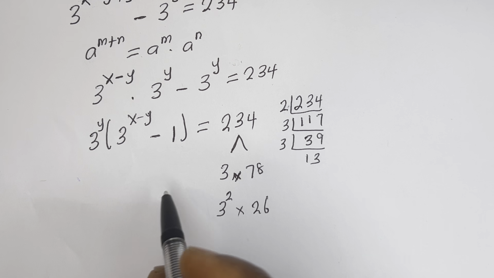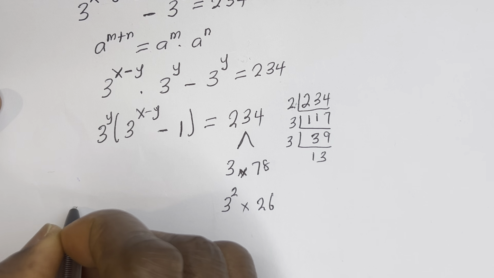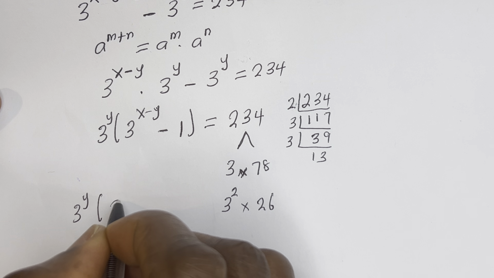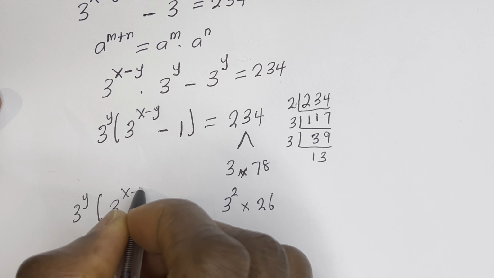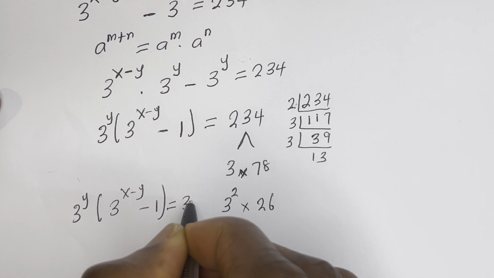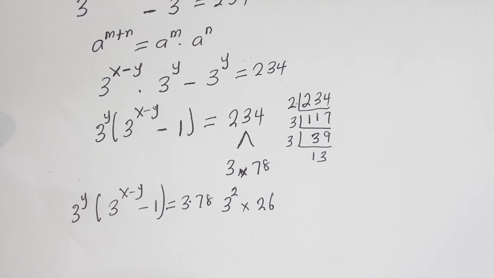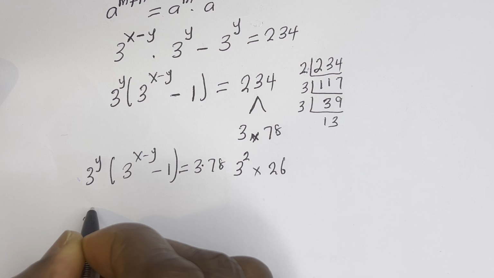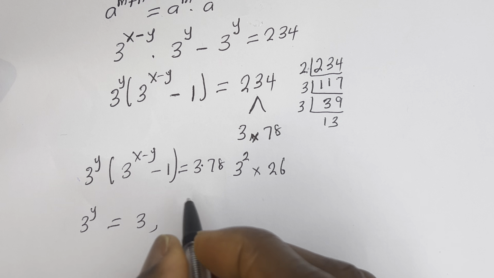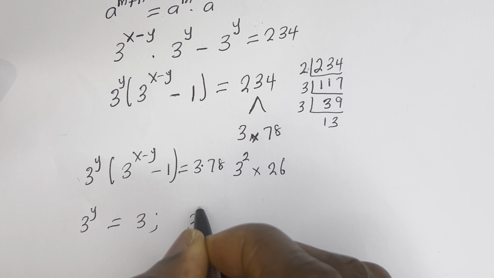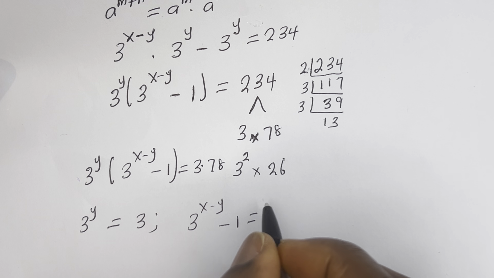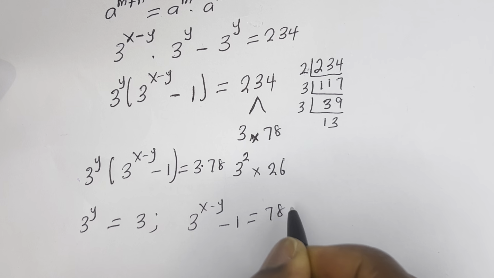Now here there are two cases. Let's consider this. We have 3 to the power of y, bracket 3 to the power of x minus y minus 1, is equal to 3 multiplied by 78. Then 3 to the power of y is equal to 3, and 3 to the power of x minus y minus 1 is equal to 78.